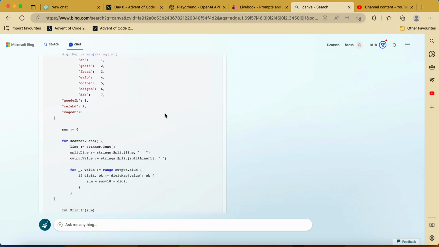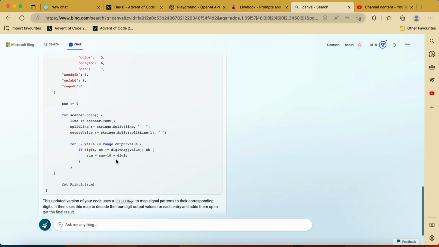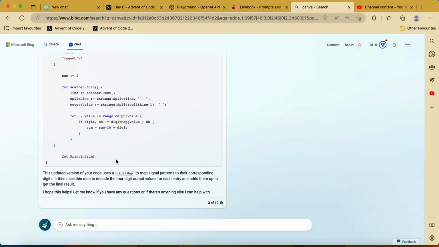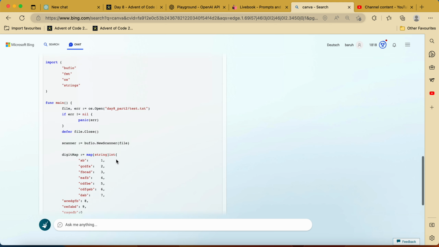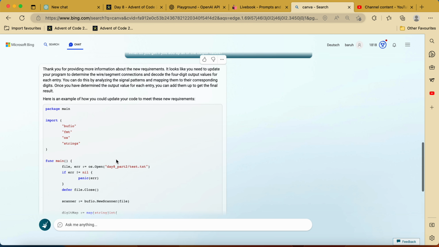It's multiplying it by 10, which doesn't make sense. Okay, I don't like this whatsoever. I mean, that's wrong.